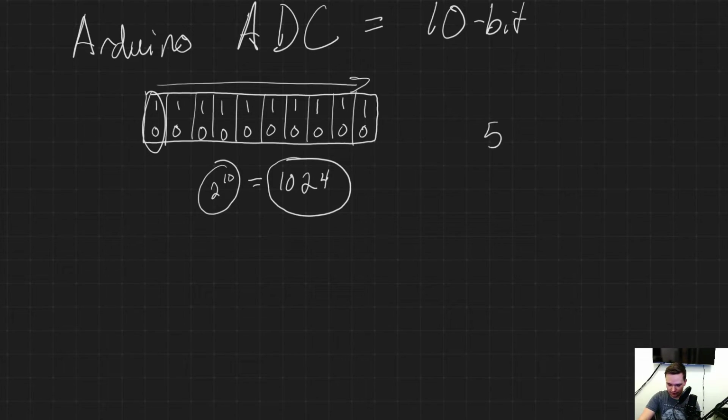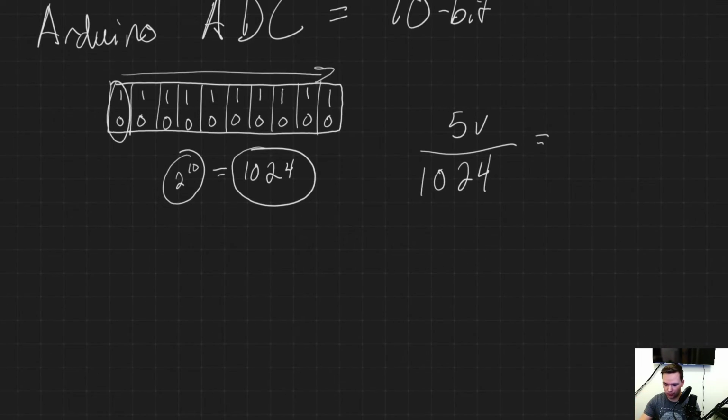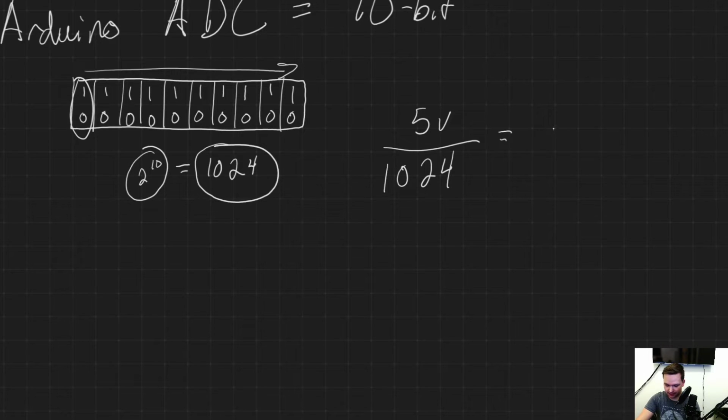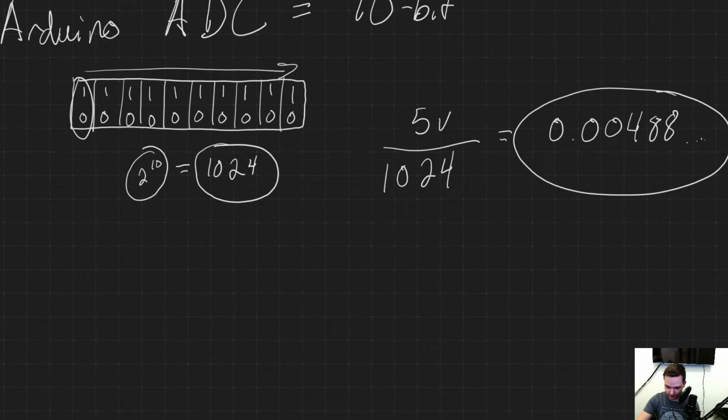So if we just take 5 volts over our 1,024 steps, that says that each step, every time we go up 1 step or down 1 step, we are changing by, and I did this math earlier, 0.00488. It kind of goes on a little bit for that, volts. So each step is this many volts. So each chunk is that change in voltage, which, unless you are measuring something really, really specific, is going to be plenty of resolution here.